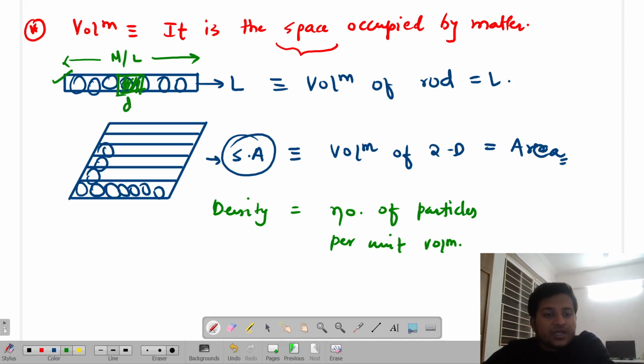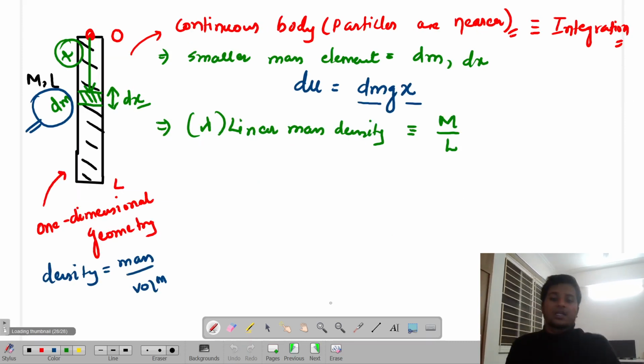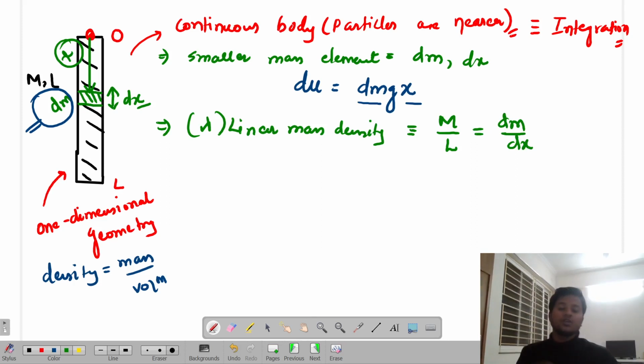If this length is very small, I call it dx, and it has mass dm. If the density is uniform, then it must be equal to total mass by total length, and small mass by small length should also be the same. So for any uniform mass density, big mass by big length is equal to small mass by small length. Is that clear or not?